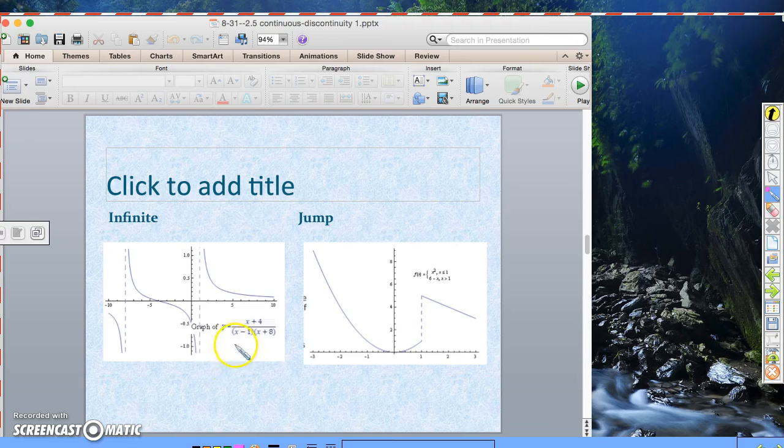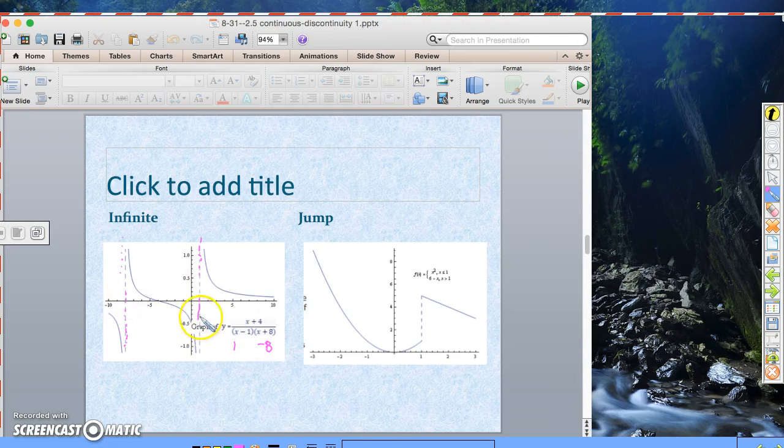So we know that x cannot be 1 because 1 minus 1 is 0. x cannot be negative 8 because negative 8 plus 8 is 0. And when you divide by 0, it's undefined. And so when you cannot reduce, it creates what's called vertical asymptotes, which you guys have talked about in pre-calculus. Here are the vertical asymptotes there.